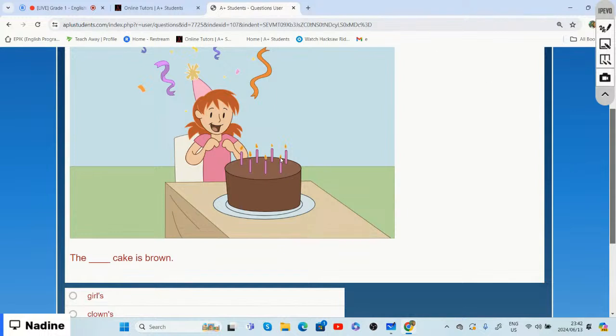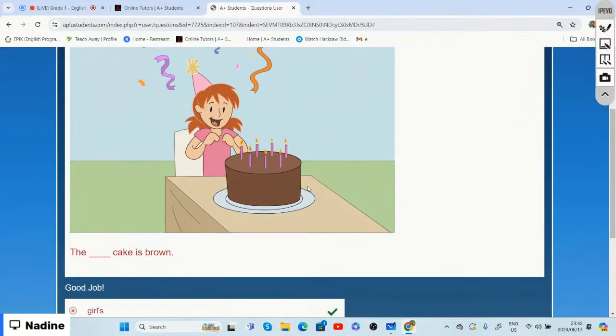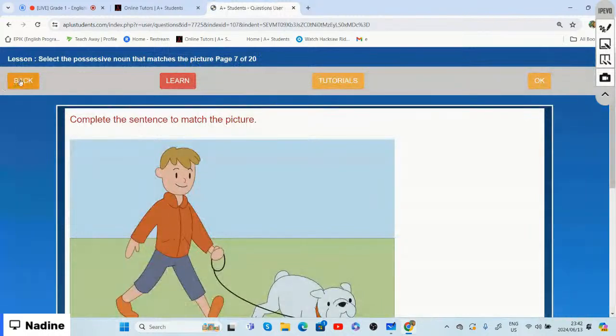And if we were to choose the correct answer, we would say that the girl's cake is brown. All right, so well done.